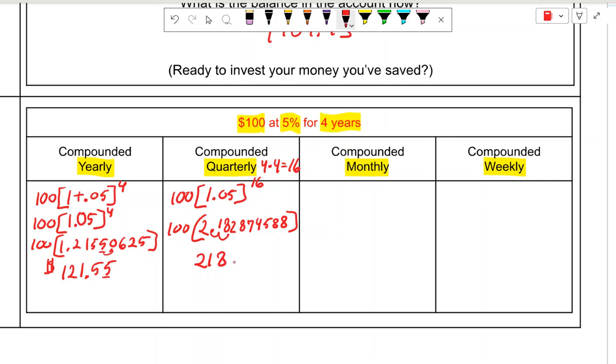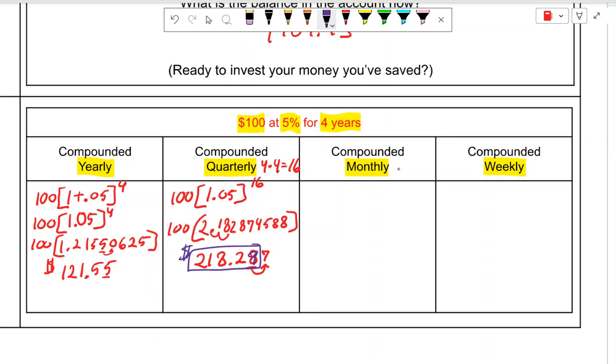All right, now things are starting to look good. I'll stop there. I will round my 8 on the screen to a 9. So I've now made in 4 years, with my $100, I've doubled it in 4 years. I now have $218.87. Or sorry, 29 cents.